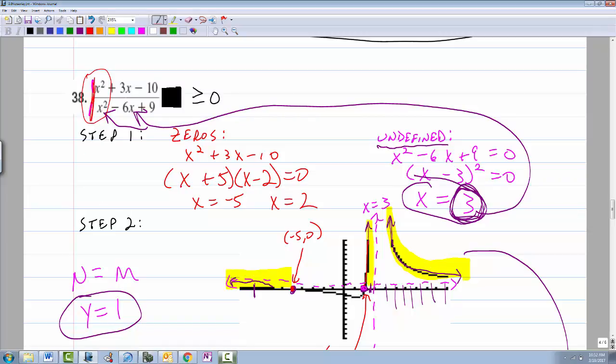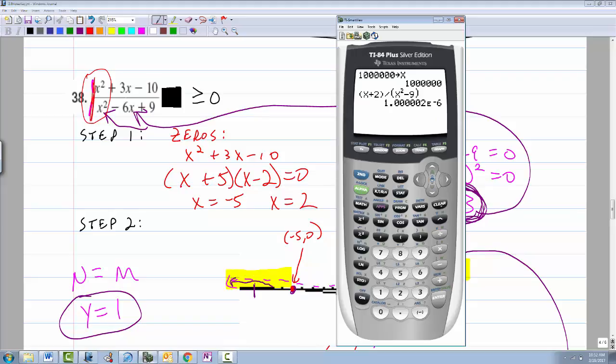See, I already have a million stored in for x, so I'm going to put the numerator, x squared plus 3x minus 10 divided by the denominator. Again, this is another way to analyze end behavior asymptotes. What is that number close to? 1. When I plug in a million, I almost get 1.